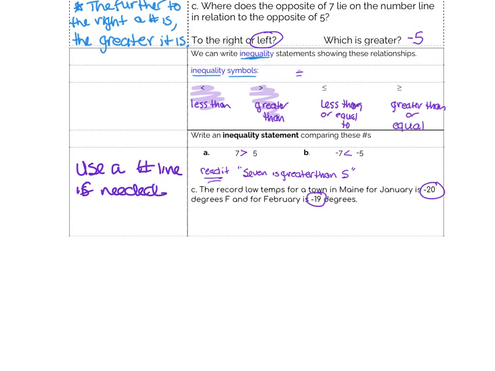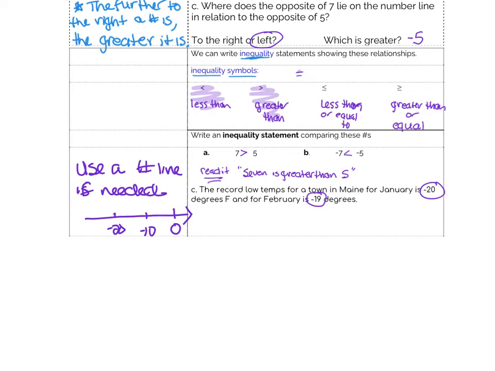So I know if I had a number line and this was 0, I'm not going to number all the way by ones, but I would have a negative 10, negative 20, and we talked about how the further to the right, the greater the number.